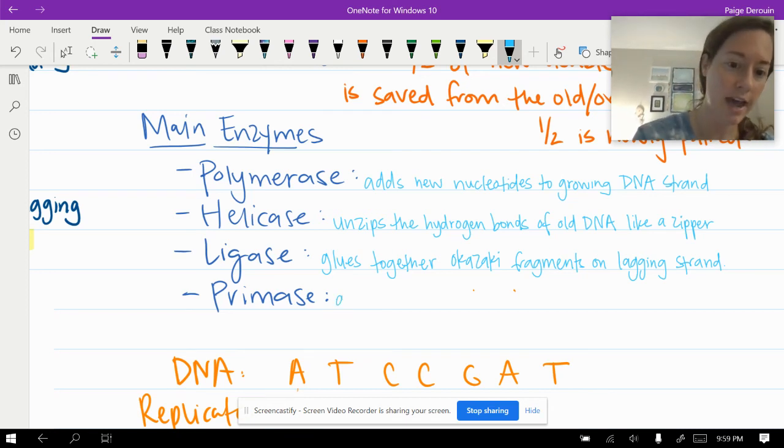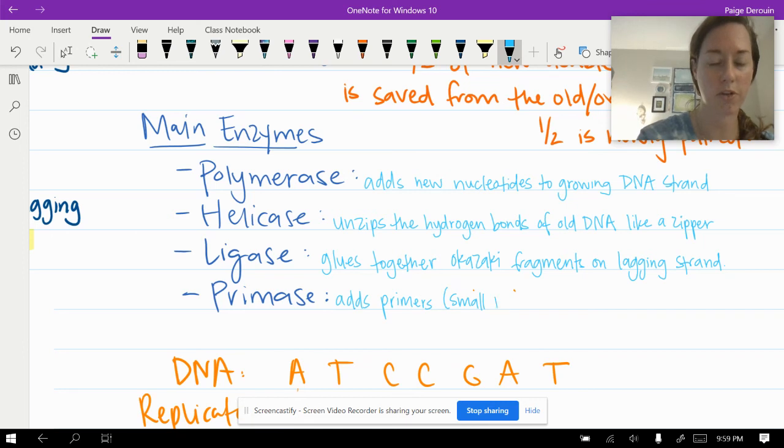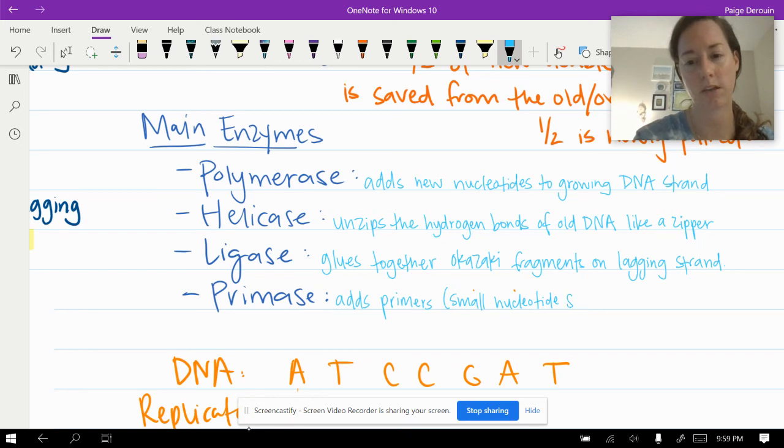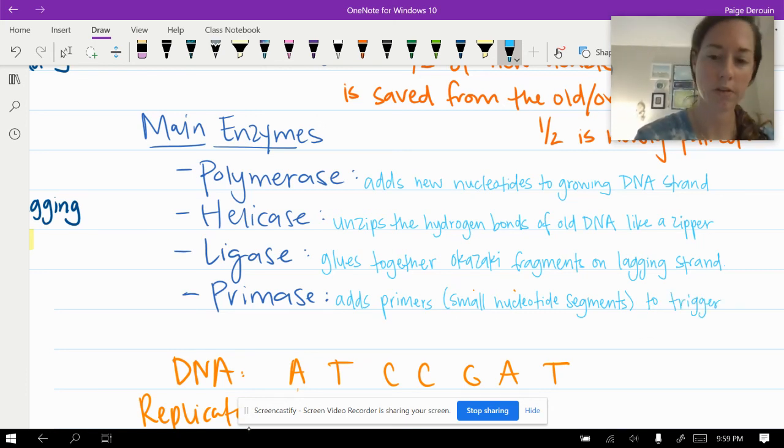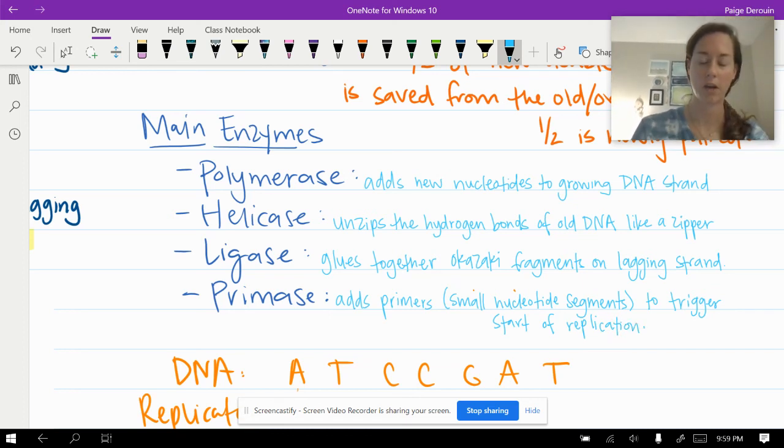So primase adds primers, which are small nucleotide segments, to trigger the start of replication. Those are the enzymes that are responsible for this. There are a few others that have smaller jobs or more complex jobs that we're not going to talk about. These are the main ones.